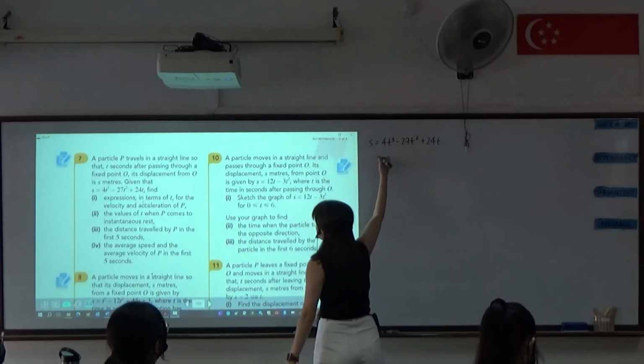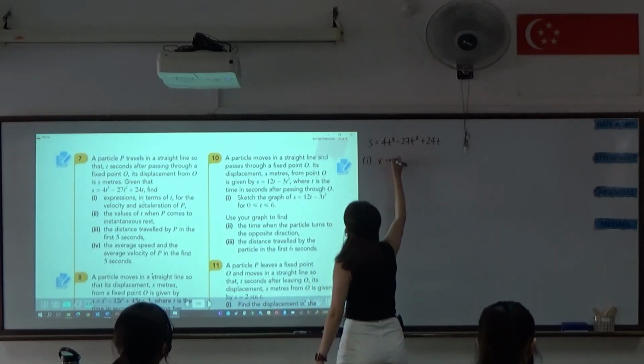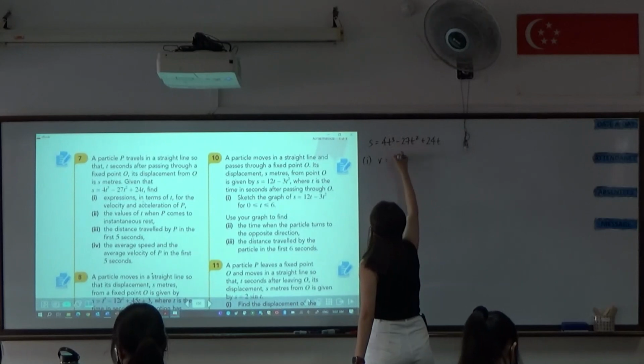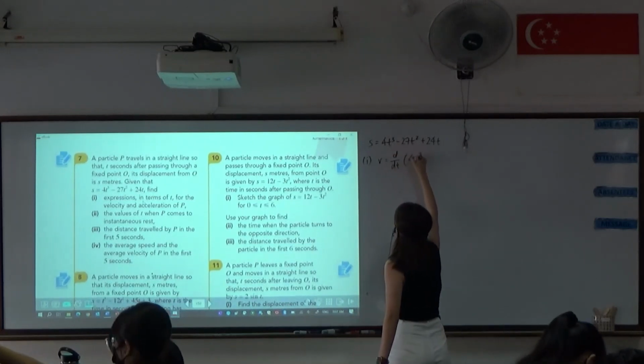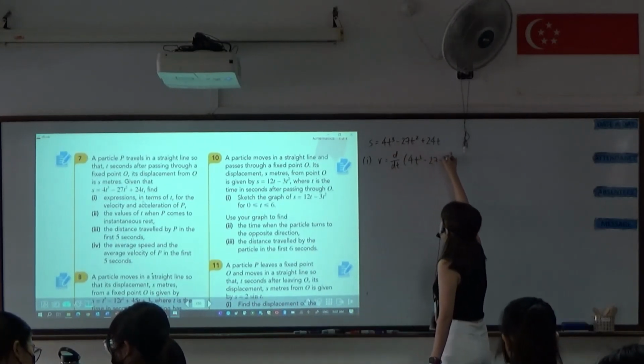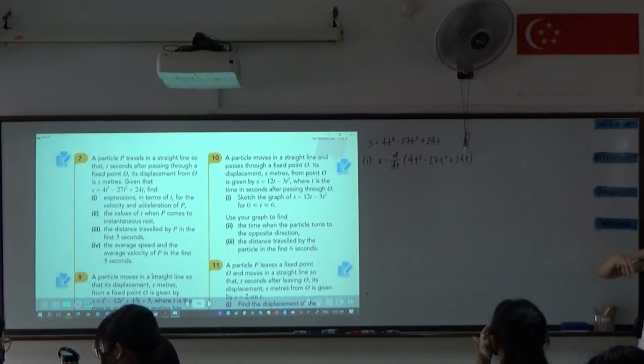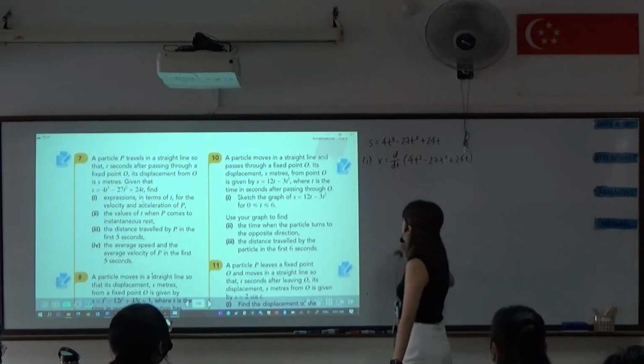So we have already learned that in order for us to find the velocity, that will be to differentiate the displacement. So we will differentiate this expression over here with respect to t. Either you write it this way or you can write it as ds over dt, that's fine.